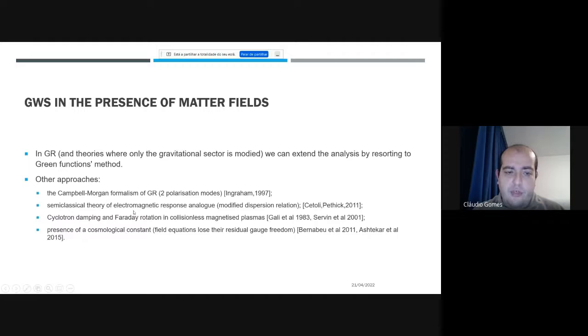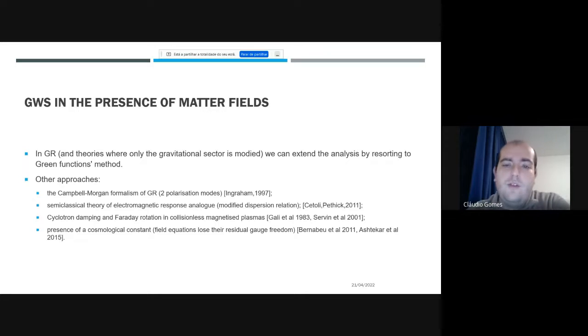There's the semi-classical theory of electromagnetic response analog. Okay, we get a modified dispersion relation. When the matter fields are magnetized plasmas, what we see is cyclotron damping and Faraday rotation of the gravitational waves. And if we introduce a cosmological constant, the field equations lose their residual gauge freedom.